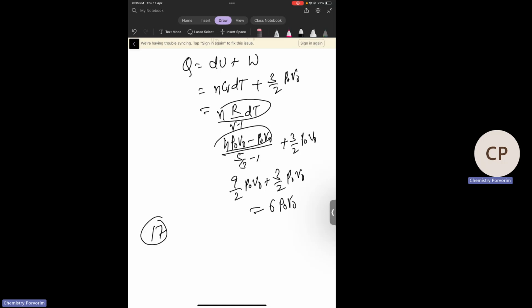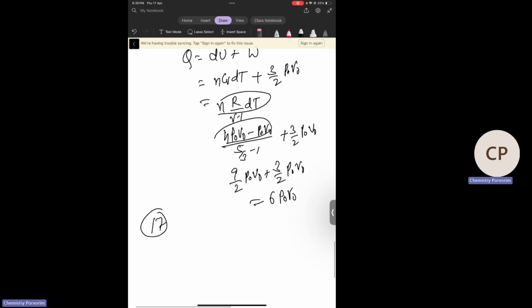17. In a medium, a transverse progressive wave has a phase difference of pi/3 between the 2 points which are 4 cm apart. If the frequency of the wave is this, its speed will be 2 pi by lambda into path difference, which is 4 cm, is equal to pi/3.